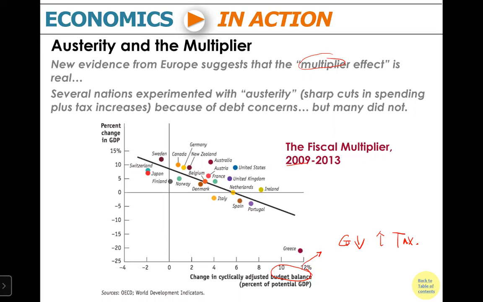So if it goes in this direction, meaning you have a deficit, you increase G and decrease T, decrease tax. Right? On the vertical line, you have percentage change in GDP. So now you can see there's a nice negative correlation, meaning if you use this type of policy, your GDP is going to grow slower. On the other hand, you're going to grow faster.